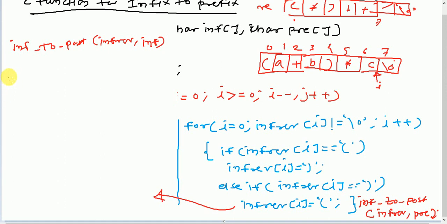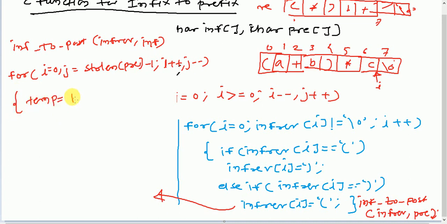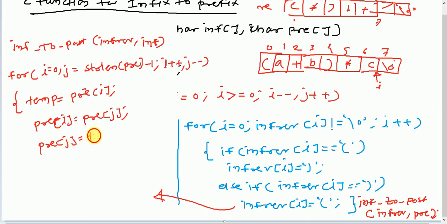Then whatever answer we get in the prefix string, we are actually supposed to reverse that. So again we'll apply a for loop for i is equal to 0, j will start from string length of our prefix minus 1, i plus plus, j minus minus, and then simply we'll do temp is equal to prefix of i, prefix of i is equal to prefix of j, prefix of j is equal to temp.